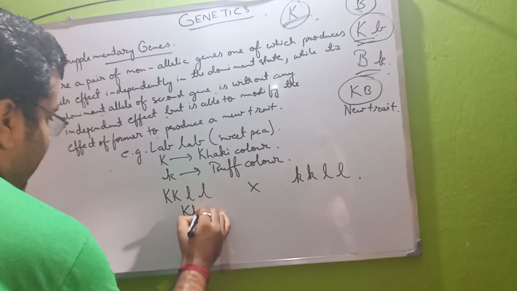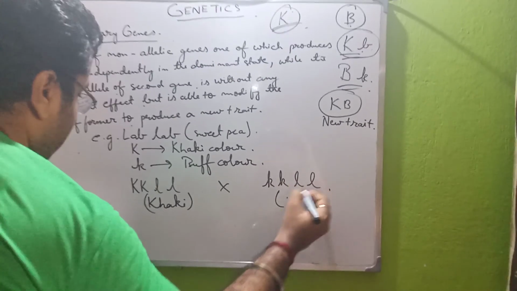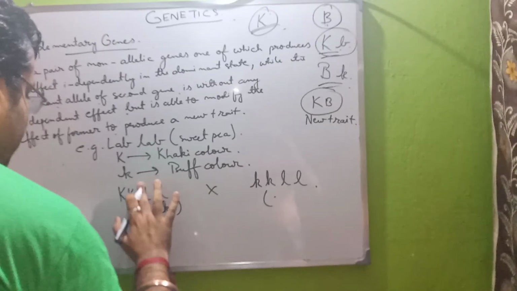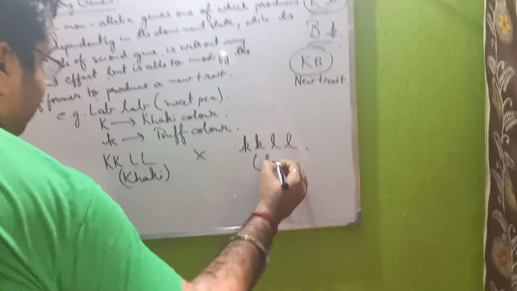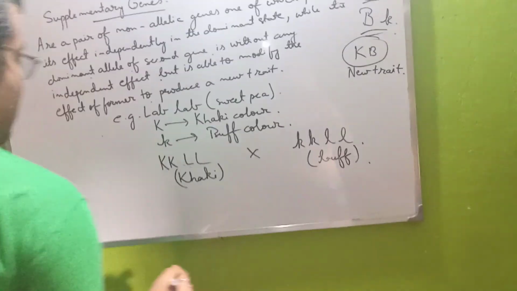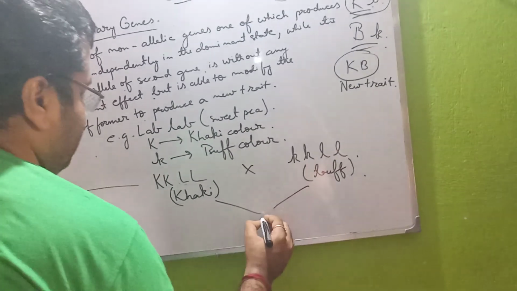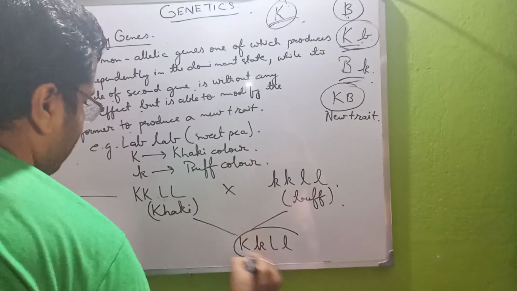Now let us take an example. This is the parental generation, and this is a totally recessive one, where I have taken buff color. This is the parental generation. So in the F1 generation, what will you get?